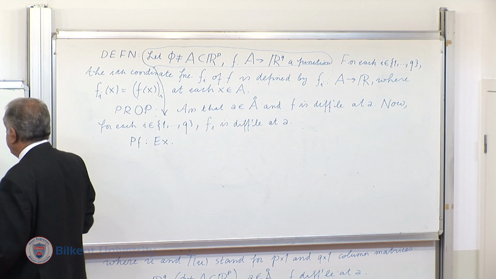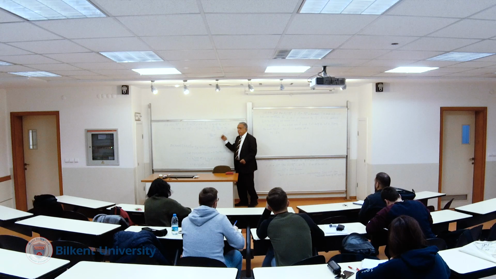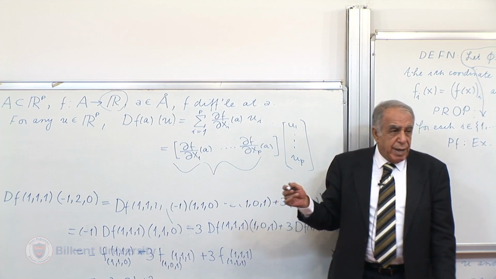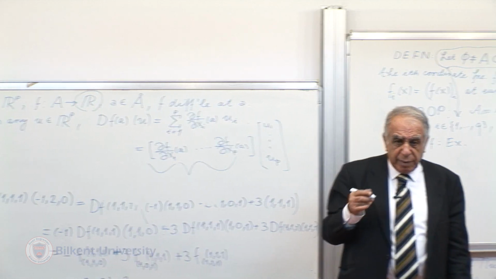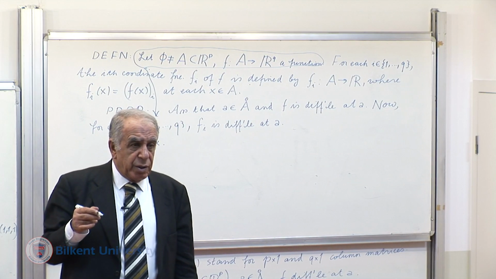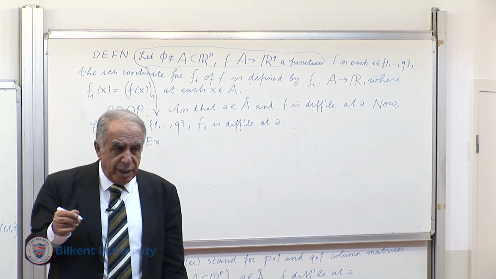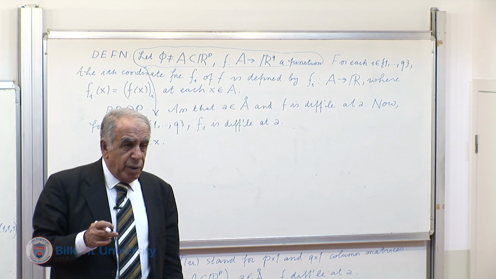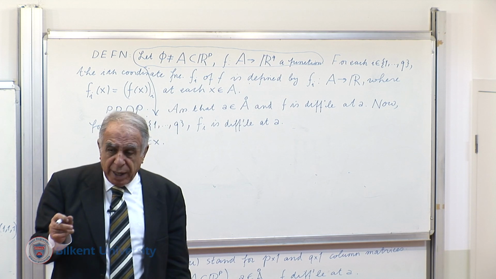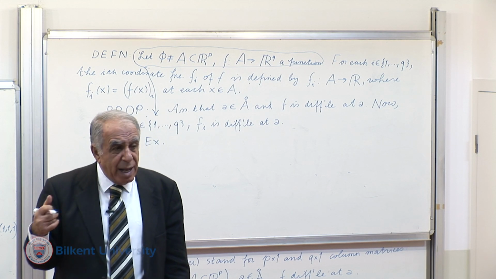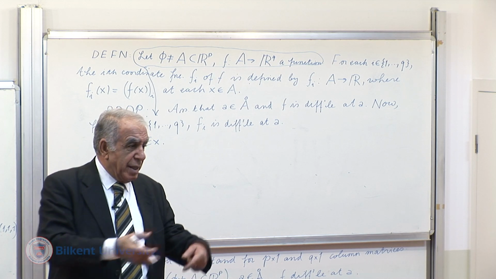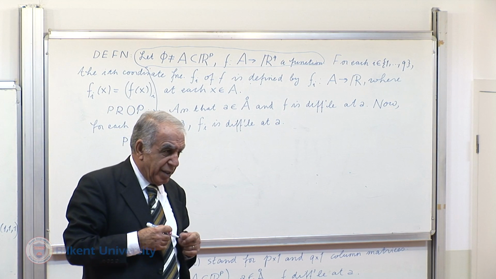But now, for f_1, this will be the representing matrix. For f_2, it will again be a row matrix, but f_1 being replaced by f_2. So then we expect the q by p matrix, whose ith row is given by the representing matrix of the ith coordinate function, to represent the entire function.